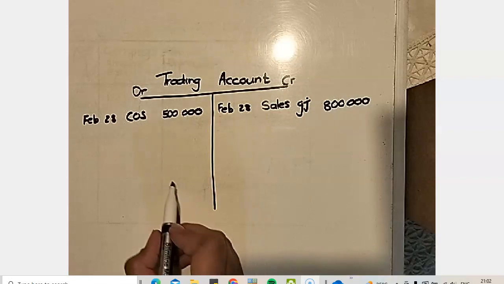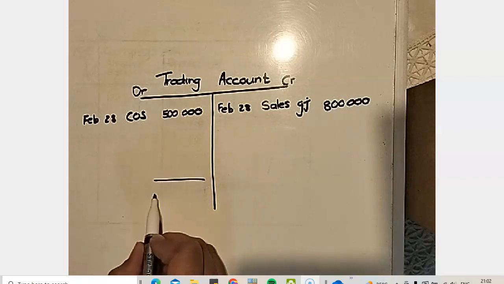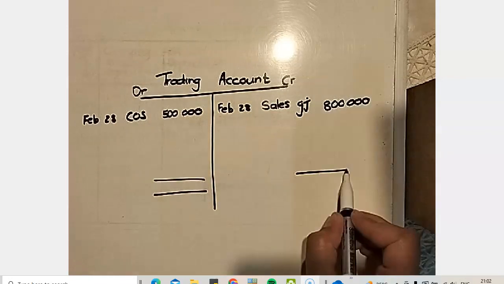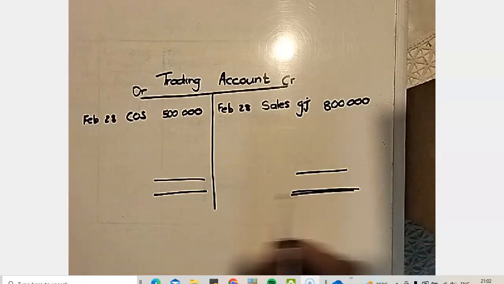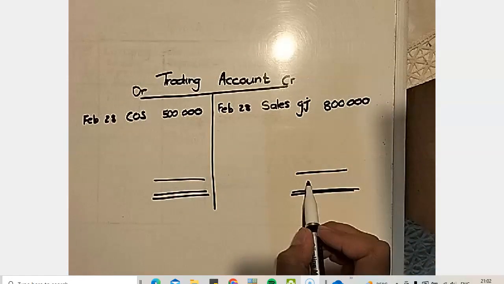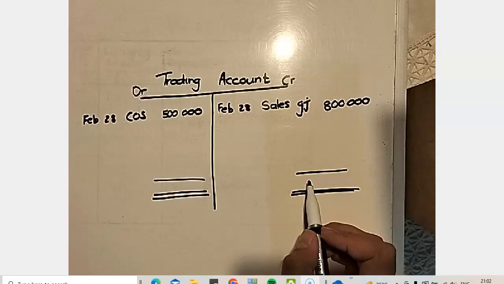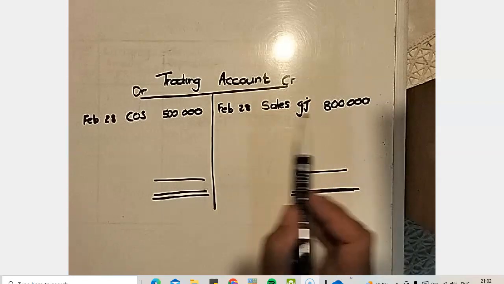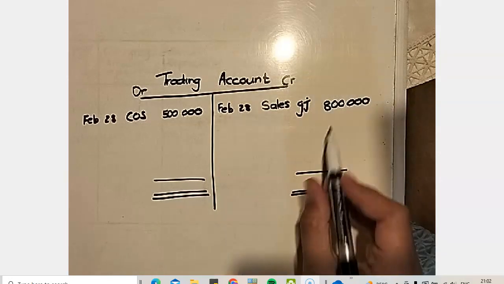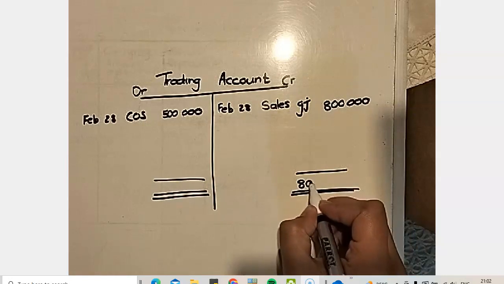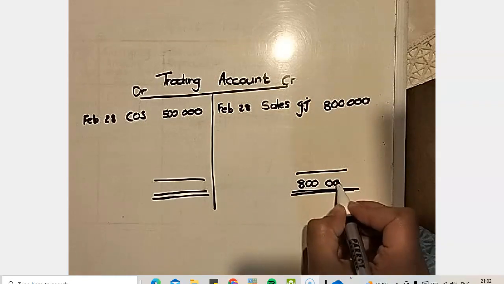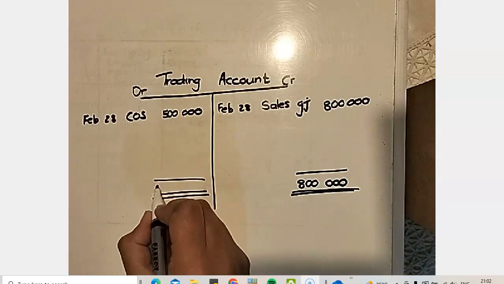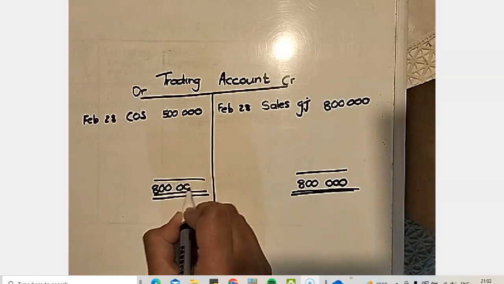No. So remember, your trading account always needs to balance. So in the double lines, you will always write the highest amount. So which amount of the two is the highest? The highest is the 800,000. So I will write in the double lines 800,000 on each side.